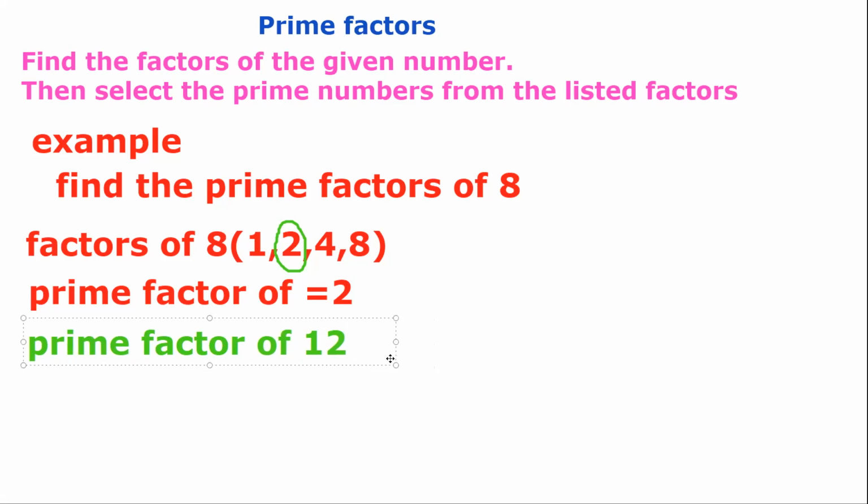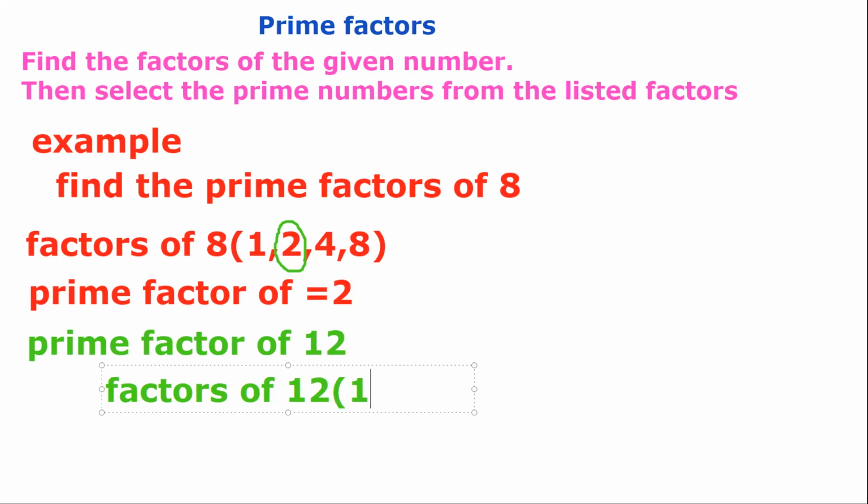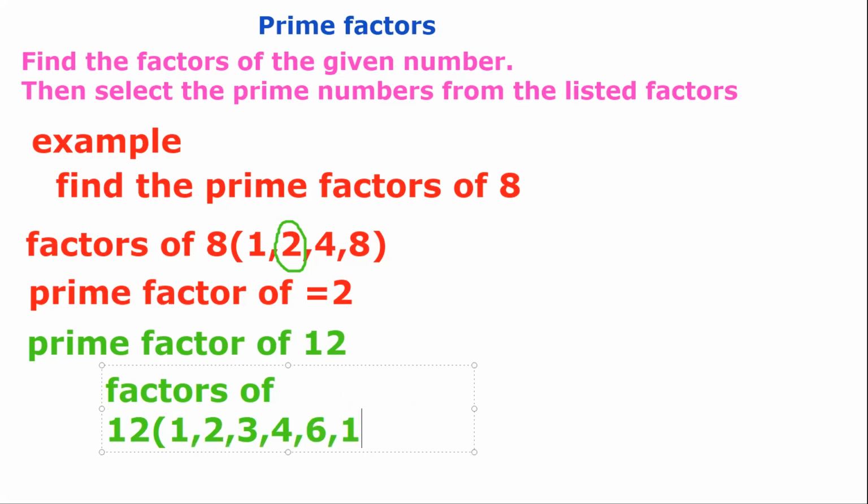Okay, then the first thing you have to do is that you list the factors of 12. Factors of 12 include 1, 2, 3, 4, 6, and 12.